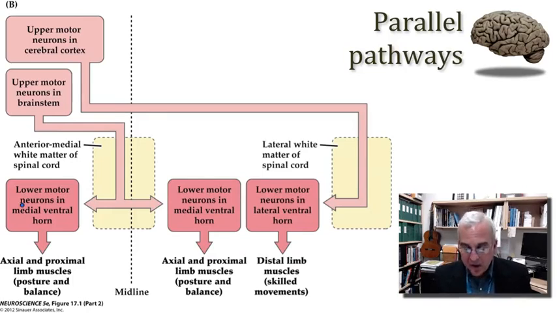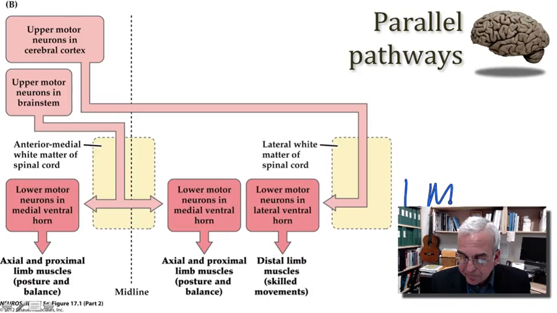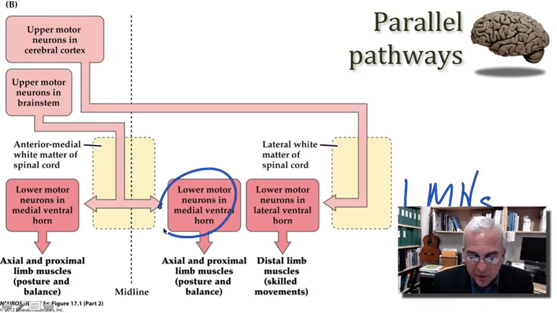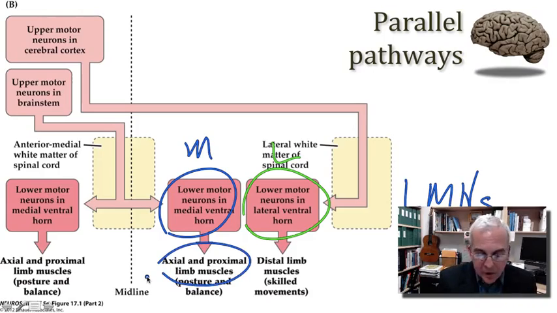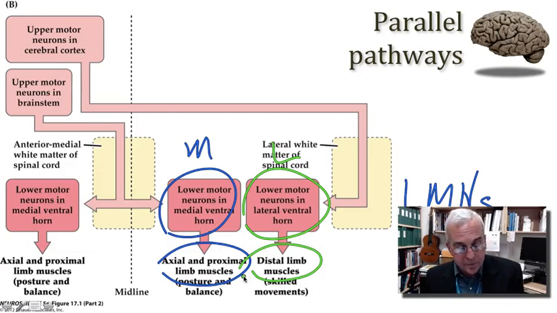Notice that the lower motor neurons, which are at this level, we've now schematically organized into medial and lateral components. So we have the medial cell columns that are found in the medial part of the ventral horn, and then the more lateral cell columns that are found further out lateral. And so that should remind you that the medial columns are concerned mainly with axial and proximal limb muscles, while the lateral columns are mainly concerned with the distal limb muscles through which we express skilled movement.